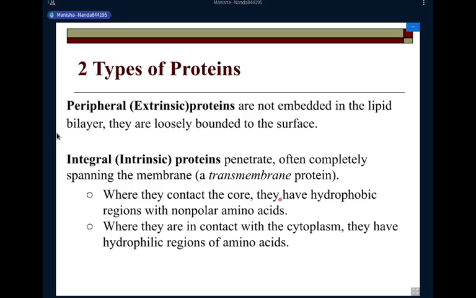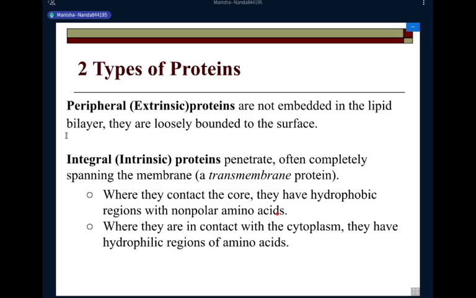Where they contact the core, they have hydrophobic regions with non-polar amino acids. Now you know proteins are formed of amino acids. Since the membrane is amphipathic in nature, it has a hydrophilic end and also a hydrophobic part.